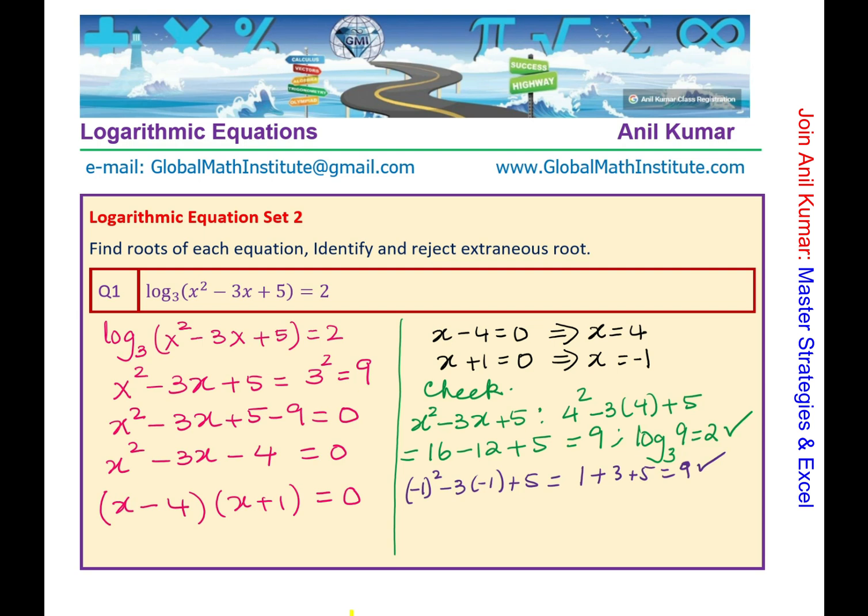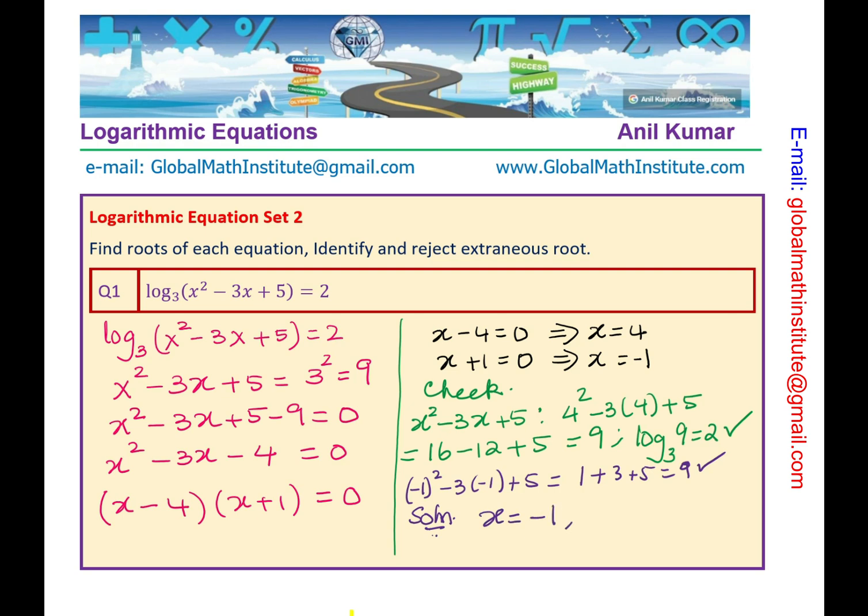That means we do not have any extraneous root in this particular example. Therefore, the solution is x equals minus 1 or 4, so both are solutions. Perfect, that is how we can solve this particular question.